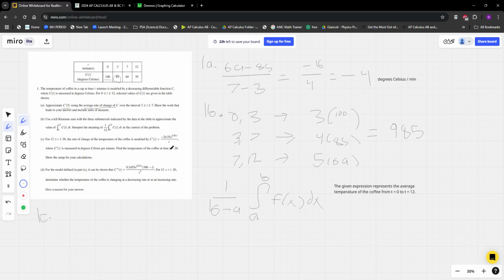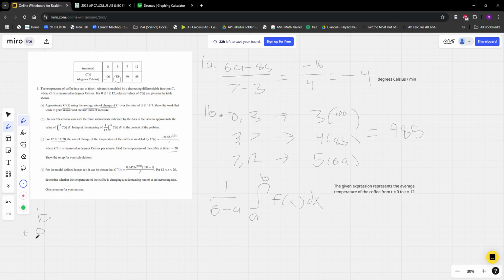Or they'll just integrate this from 12 through 20 and interpret that as their answer. If you integrate from 0 to 20, this is undefined, so that should tell you something is wrong. And if you read the problem closely, it says this is only for 12 through 20, but it's asking for t equals 20.